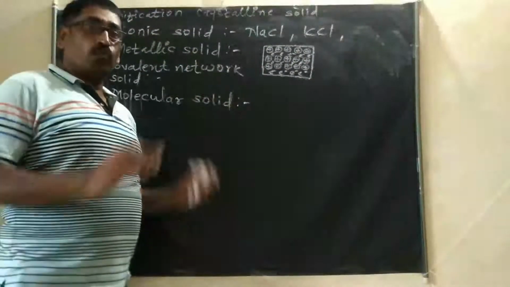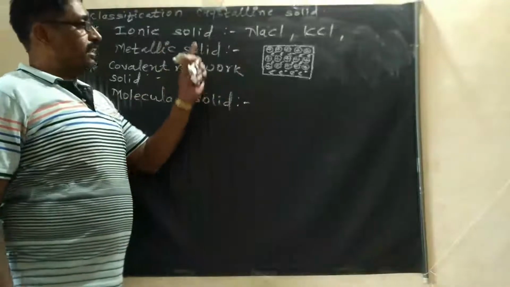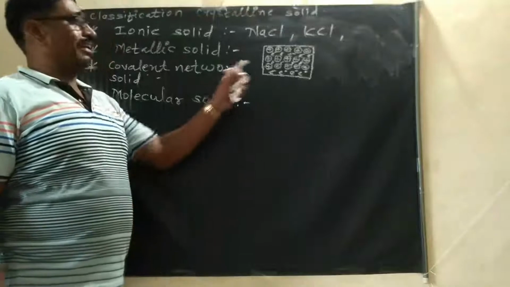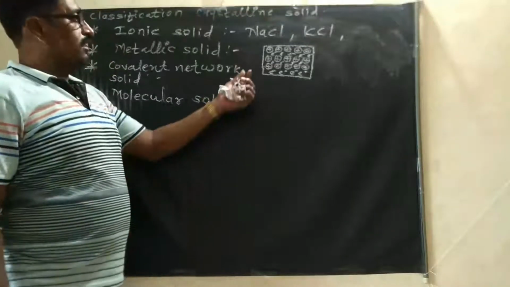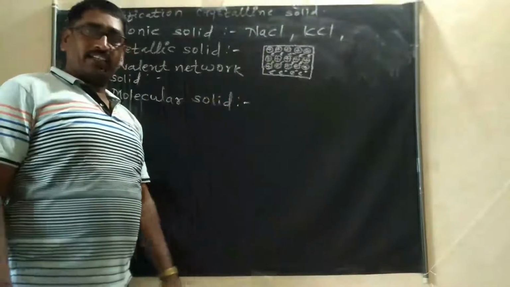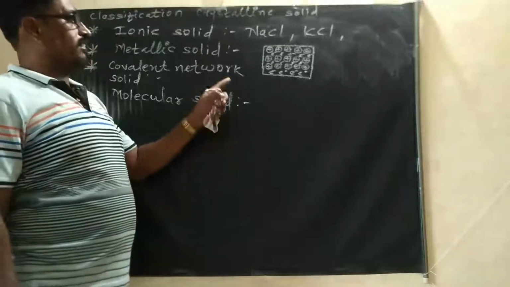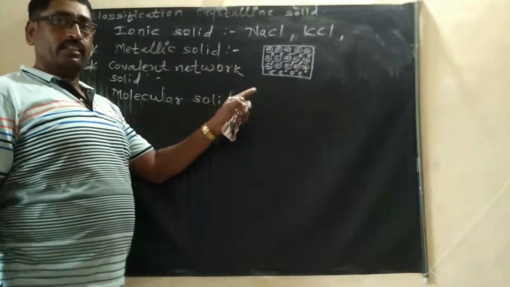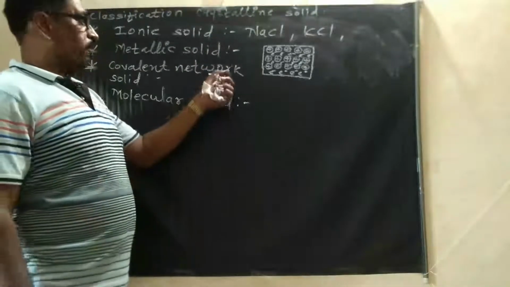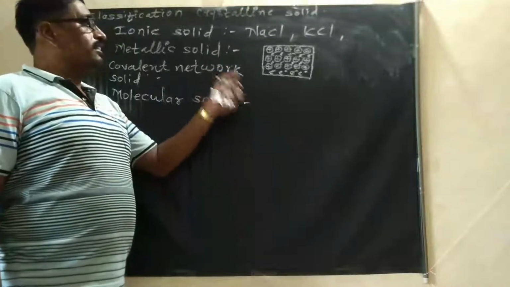Electrons are free to move from one place to another, hence they are also called mobile electrons. If we apply an electric field to that plate, then they conduct electricity. Also they conduct heat. They are good conductors of heat and electricity.